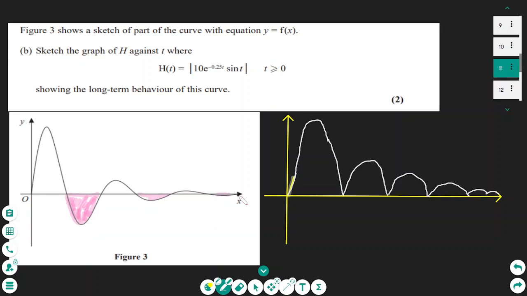The negative parts are the parts of the graph below the horizontal axis, and these three parts need to be reflected in the horizontal axis, as you can see on the second diagram. This shows the sketch of the graph h.